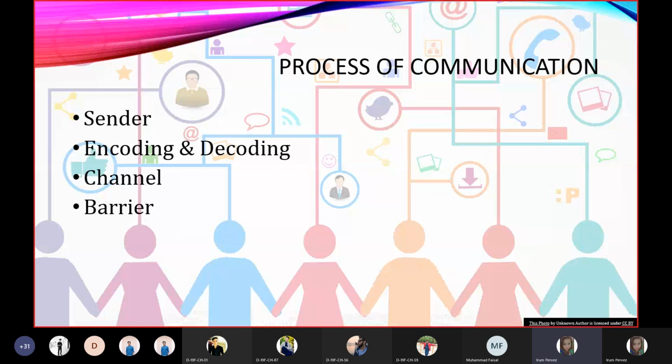For example, if I want to send a text to my friend, that would also have different barriers: network issues, dictionary issues, or network issues at my friend's place. Maybe he or she cannot understand what I have written, or maybe I have used some bombastic vocabulary that he or she can't understand instantly.